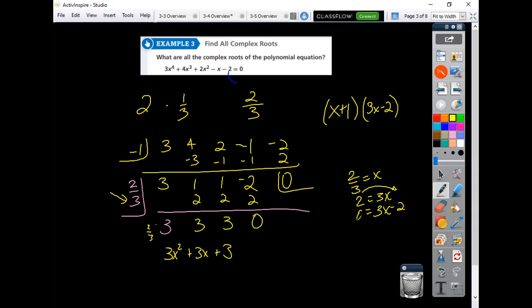So this is what we have so far. Notice I've already got my 3 on the x squared, right? So this 3 right here, I can't have any more of that. So this all has to be divided by 3. It comes from the fact that we're 1/3 there as well. So we need x squared plus x plus 1.